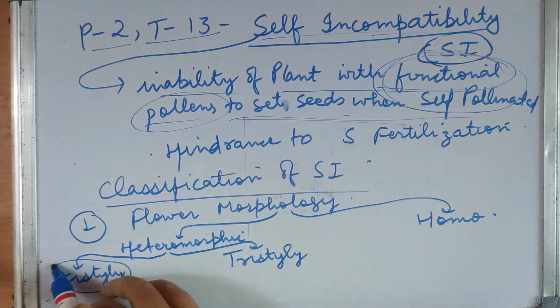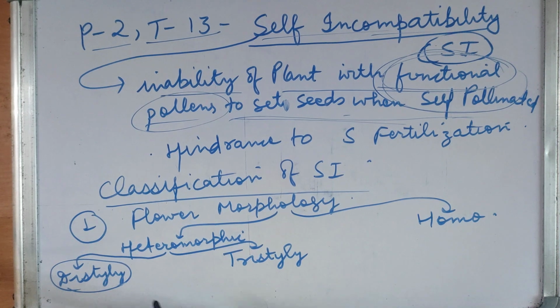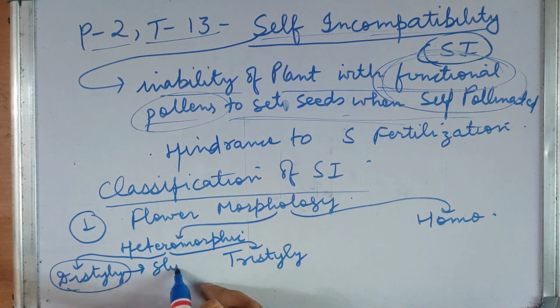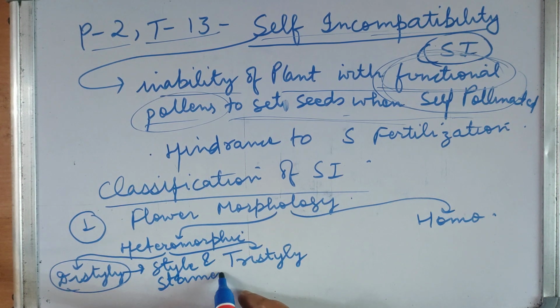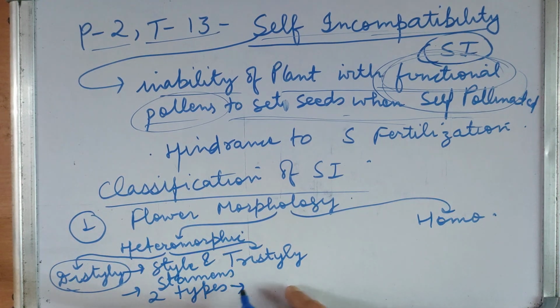In distyly, we see that styles and stamens are of two types, that is short and long. I hope it is visible.